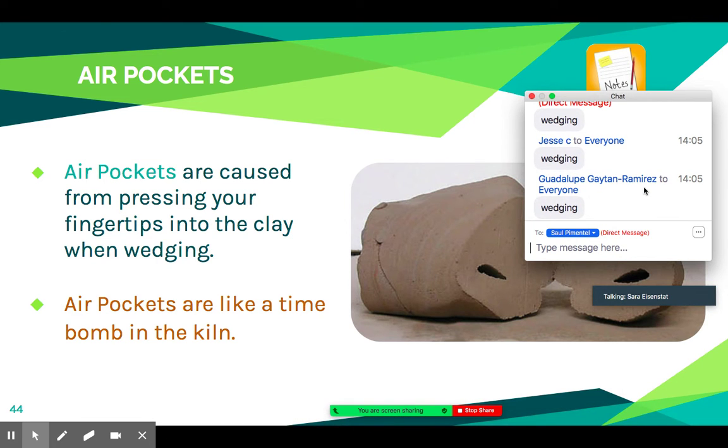So again, being careful with our fingertips when wedging to avoid air pockets. We don't want any explosions. Once you've got that note recorded, type air pockets in the chat.